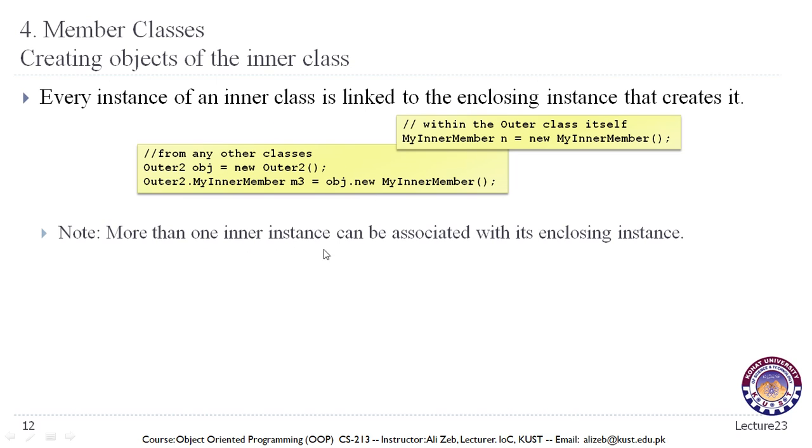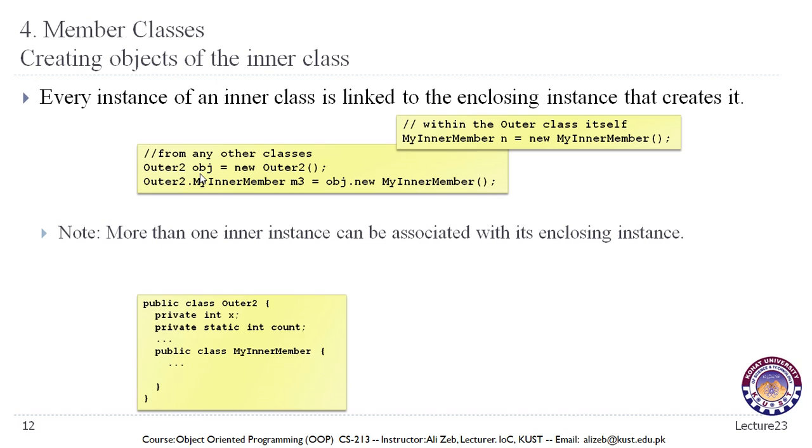More than one inner instance can be associated with its enclosing instance, so we can create multiple objects of the inner class and associate those objects with the objects of the outer class. For example, we have an outer class that has a member class.